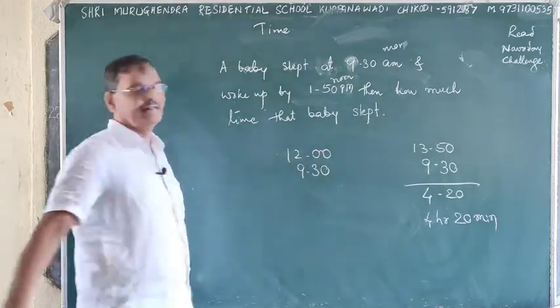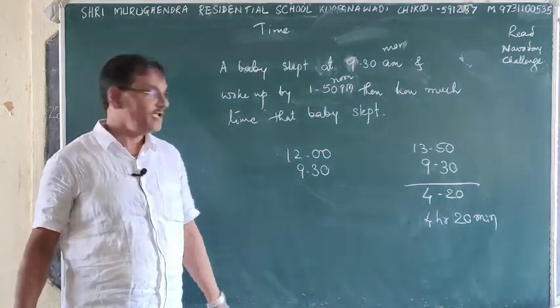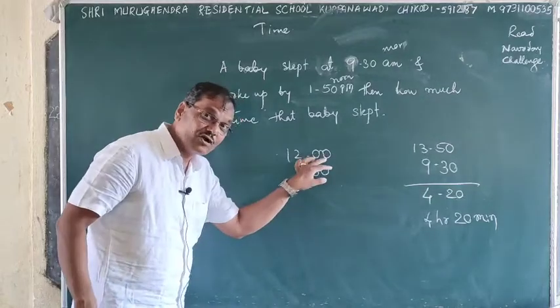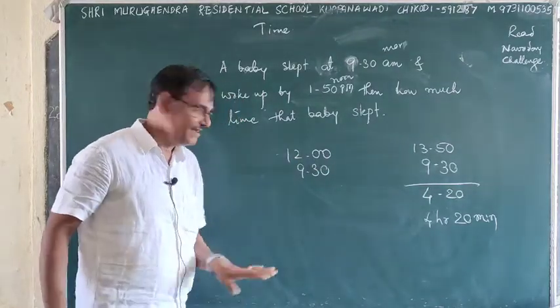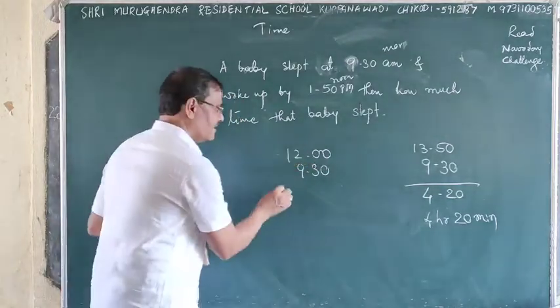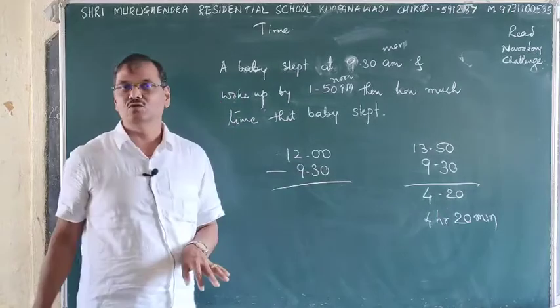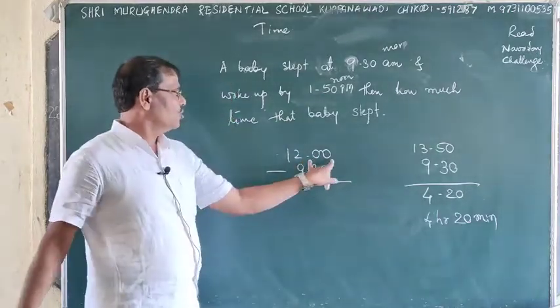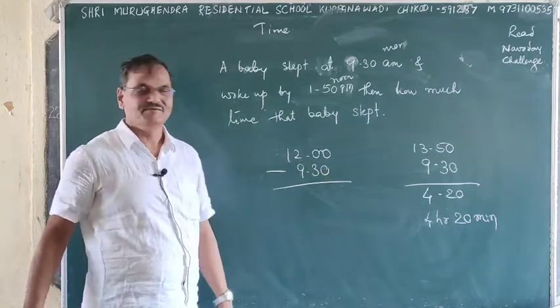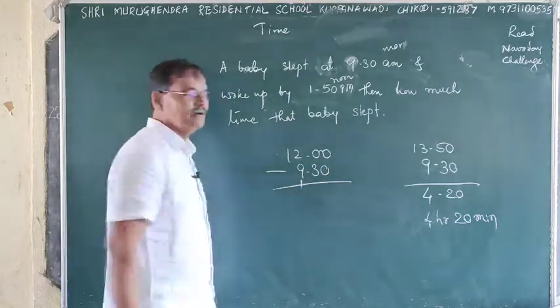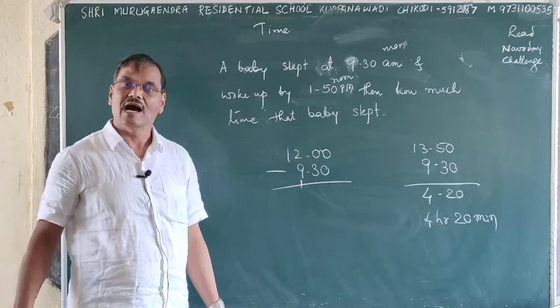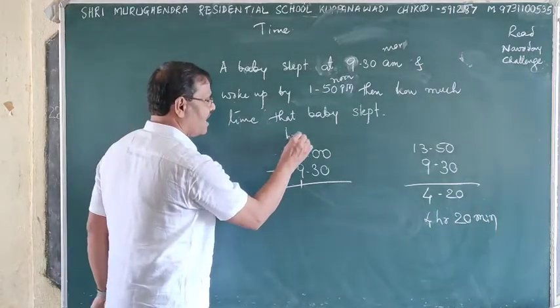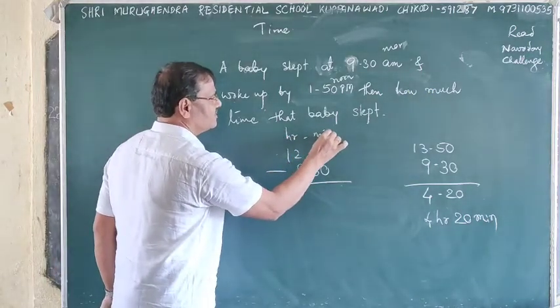Morning 9:30 to morning 12 it slept. And the difference between these two we have to find. This is 0 minus 30, we can't. So we have to take 1 hour from our place. This is hour, this is minute.